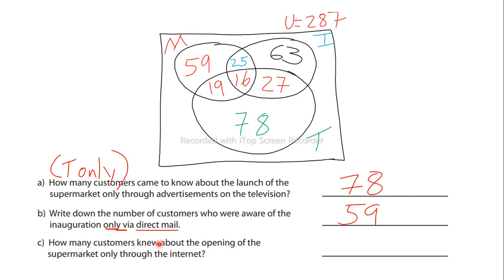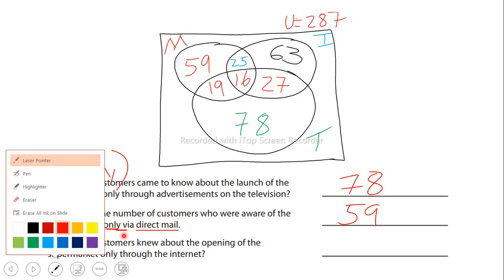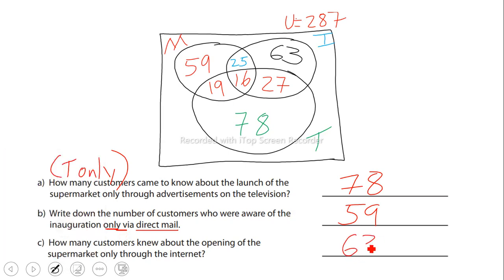How many customers knew about the opening of the supermarket only through the internet? 63. Very good. Are we clear on that? Yes, sir. Okay, good.